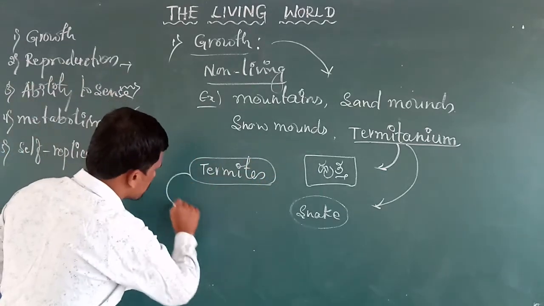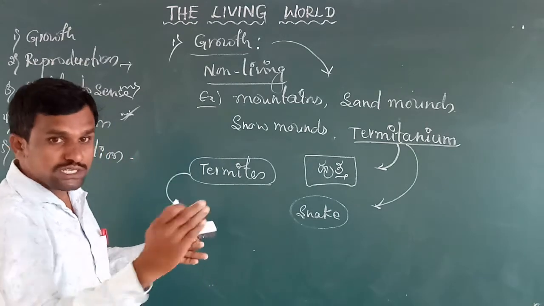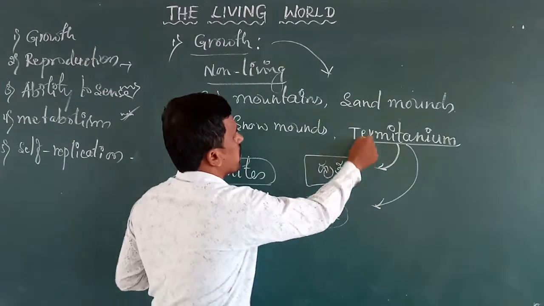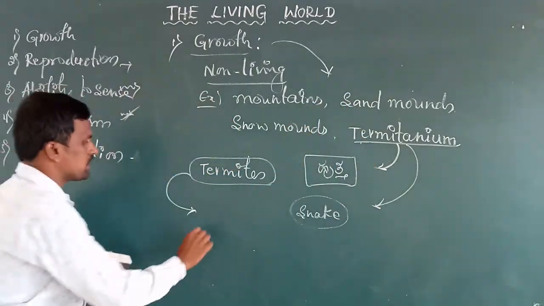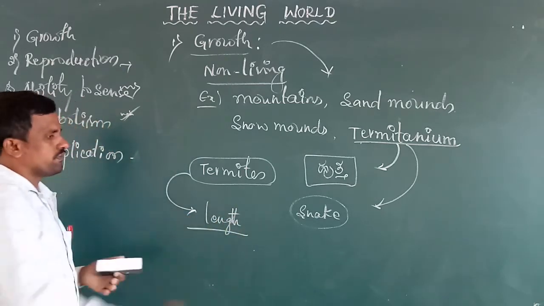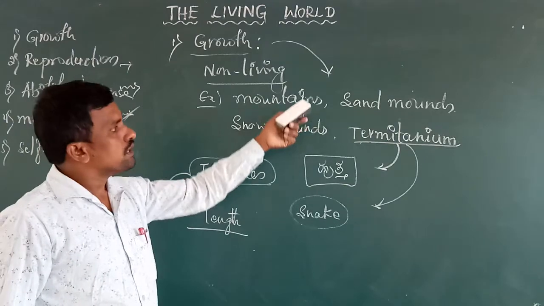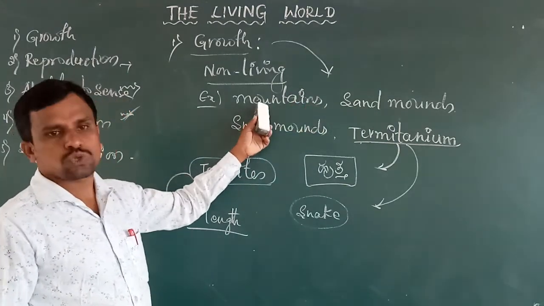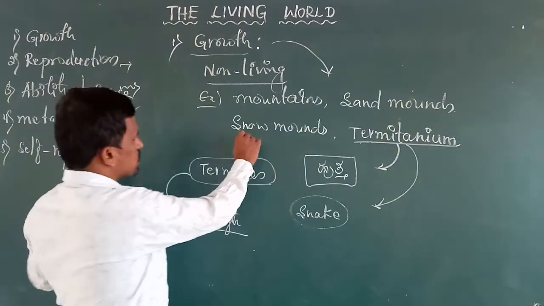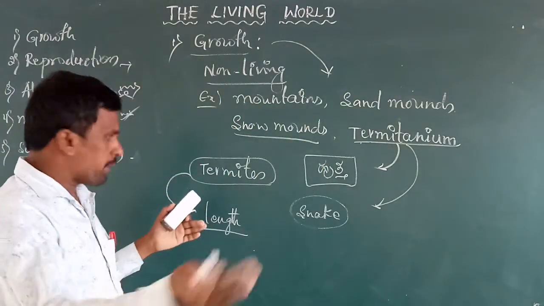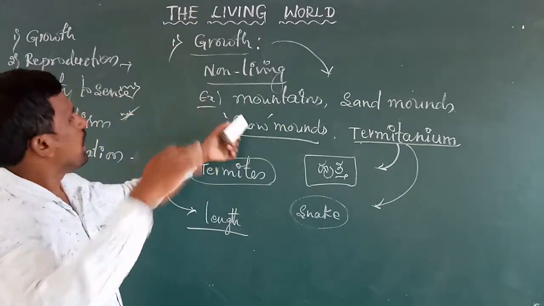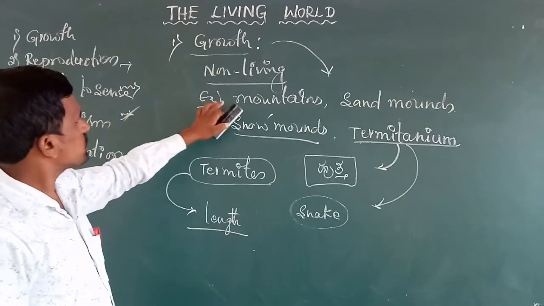These termites deposit some soil particles and increase the length of the termitarium. In sand mountains also, due to deposition of soil particles, their size increases, and in snow mountains also, deposition of snow increases their length.